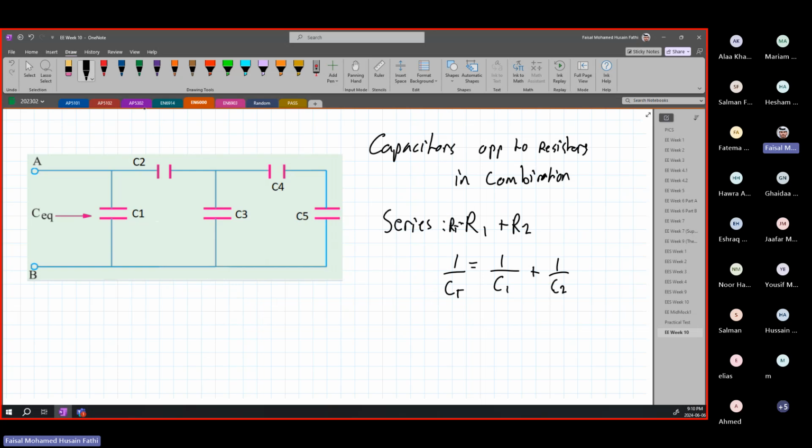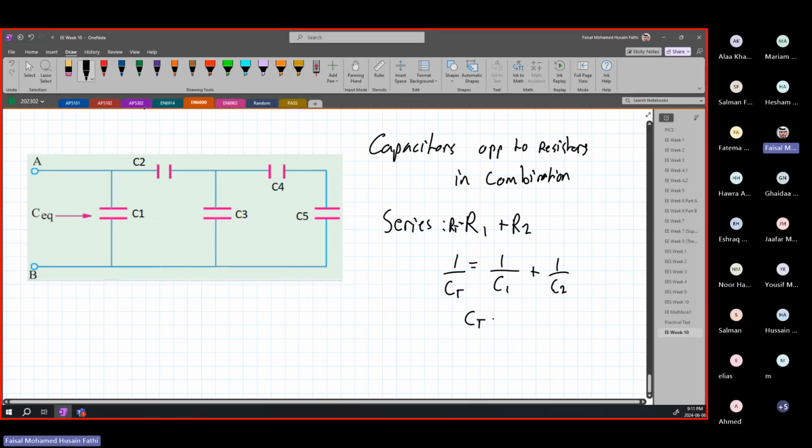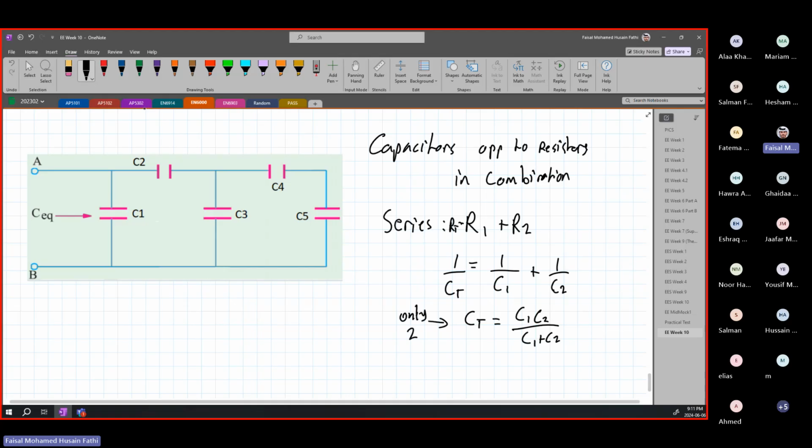And for two capacitors, you can use the same shortcut as the parallel rule of resistors, which is CT equals C1 times C2 over C1 plus C2. Remember, this is only for two capacitors.